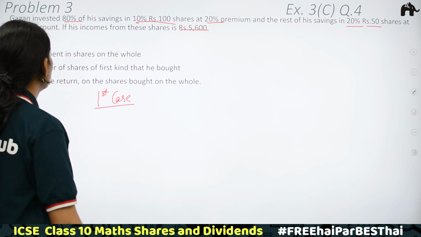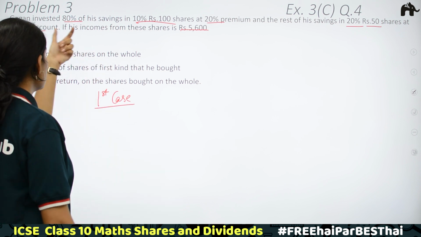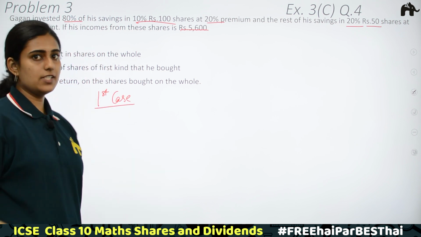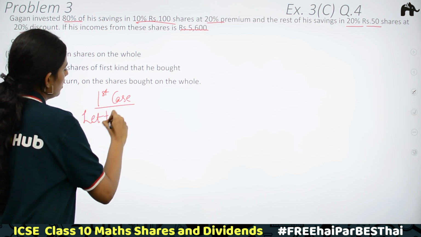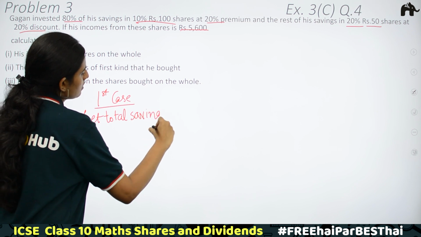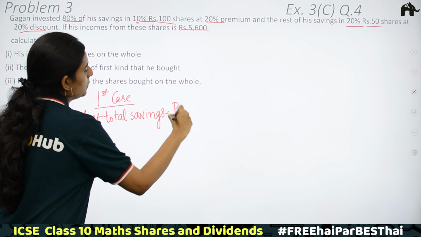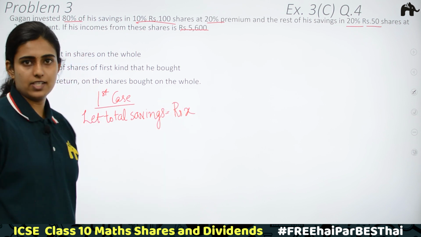Before that, what is his total savings? We don't know, right? Here it is given 80% of his savings. Let us take, let total savings be rupees X.